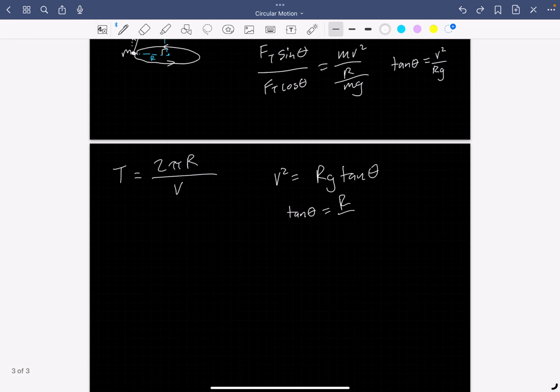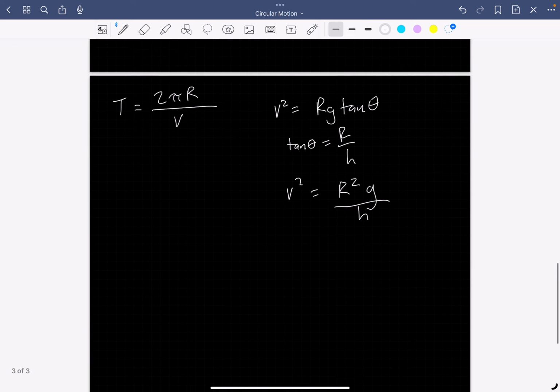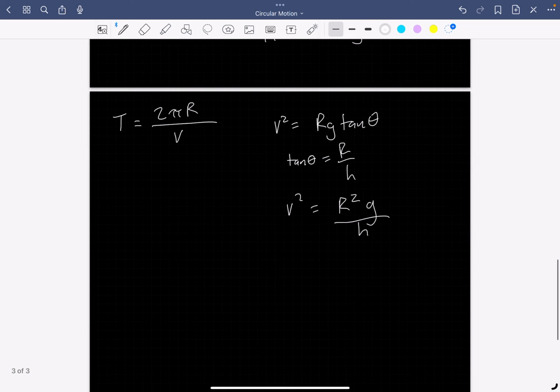So if we substitute that in, we get that v squared is equal to r squared g divided by h. And so v is equal to r times the square root of g divided by h.